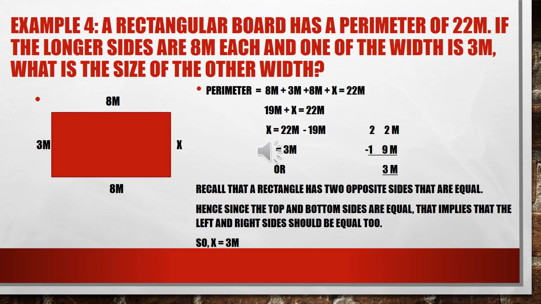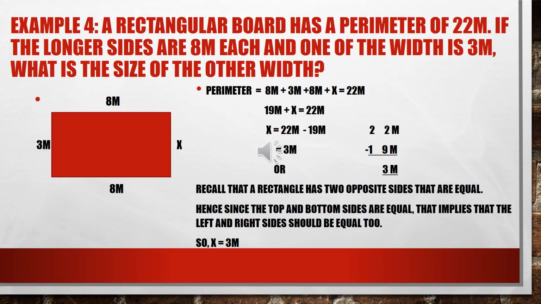If you ask me, what are we supposed to add to 19 to give us 22? Like we did the other time, we said the bigger number take away the smaller number. So 22 take away 19 will give us 3. So that means our answer is equal to what? 3 meters.